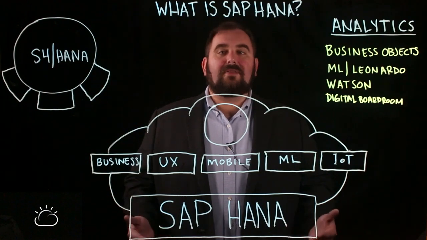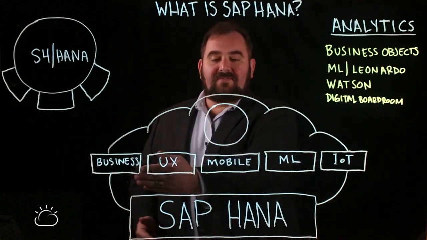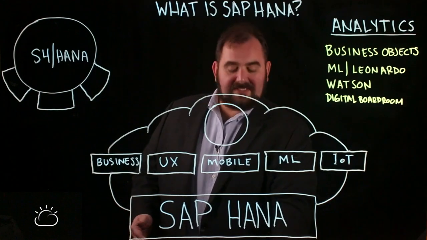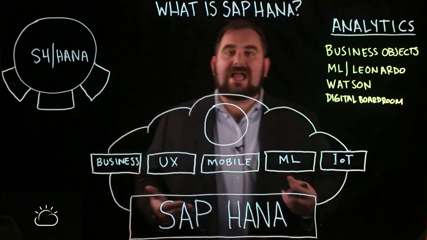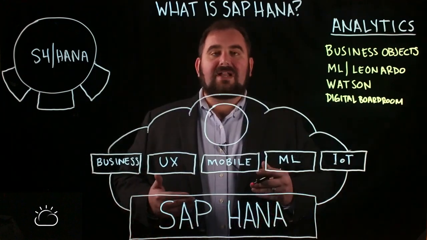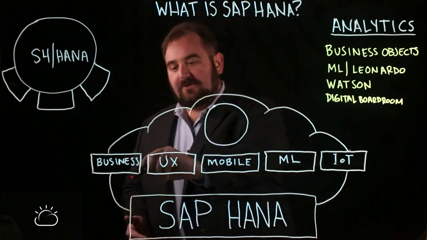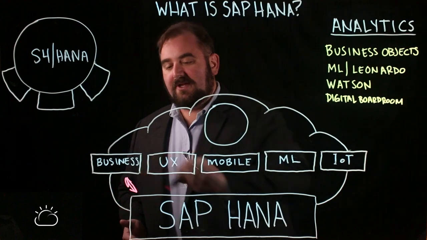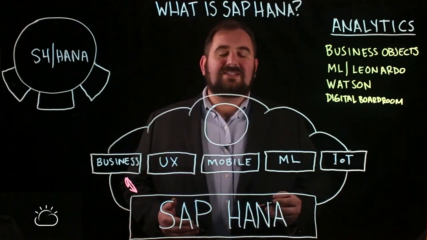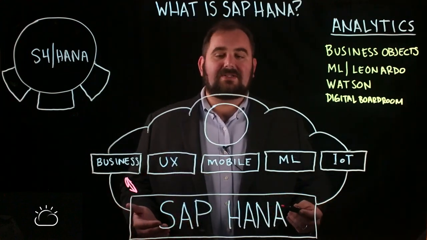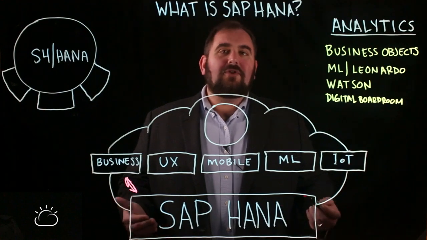Why does that matter? Because you have all of these different pieces of the business solution that are now feeding data back and forth. You've got a database that's constantly ingesting data from all these different sources. You've got all the traditional business sources, your contracts and sales data, all of the normal stuff.